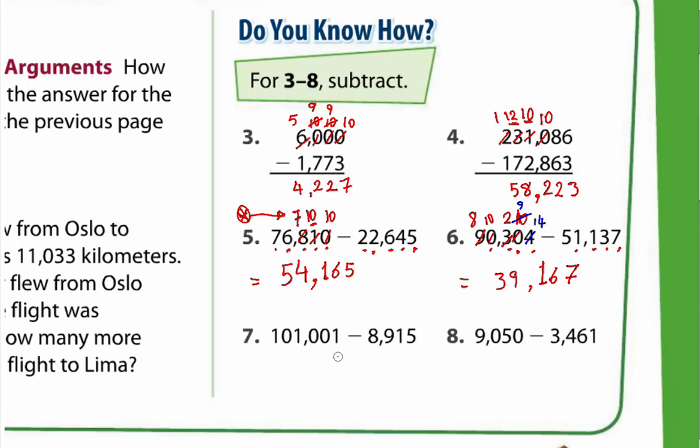1 minus 5 can't be. Take from the 1. This one, right? Yes. It will be 0. And the 0 will be 10. And the 10 will be 9. The 0 will be 10.